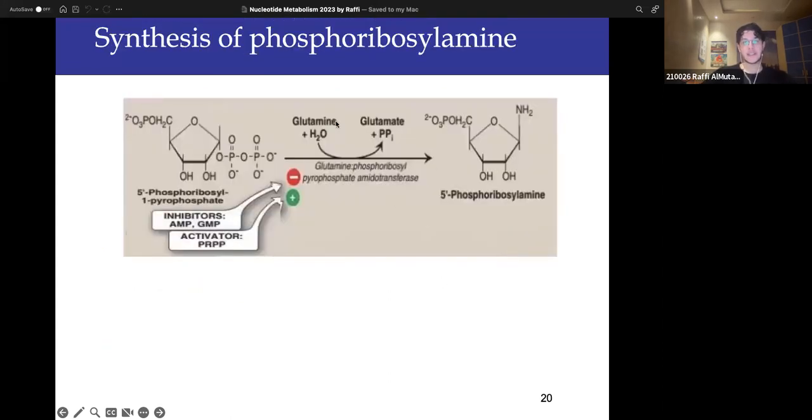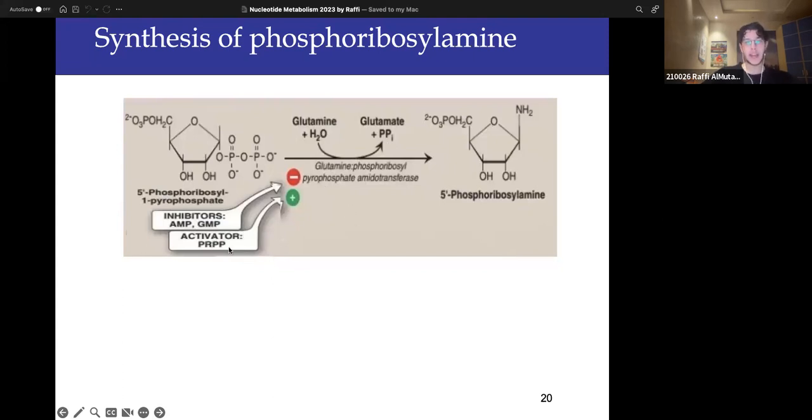Now we're going to get into this phosphoribosylamine step. So what are we doing? We're converting this PRPP into 5-phosphoribosylamine. And this is the rate limiting and committed step right here. One thing to know is that PRPP stimulates this reaction.